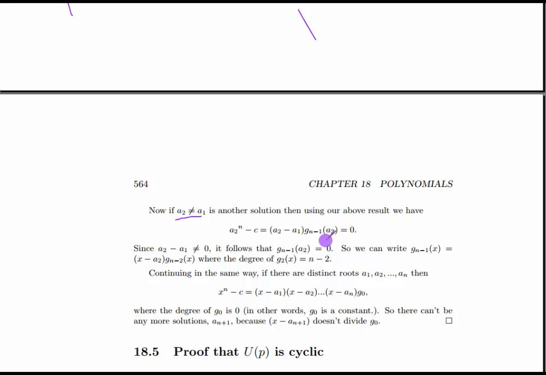That means that g_(n-1) of x must be x minus a2 times g_(n-2) of x. Okay. Now, if we continue this way, we can find distinct roots, each time reducing the degree of g, each time getting another root. Finally, if we've done this n times, the degree of g0 must be 0, so there are no more roots. What does that mean? There are at most n roots to this equation.